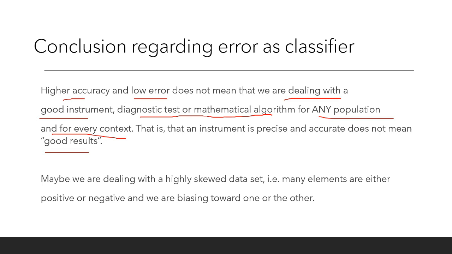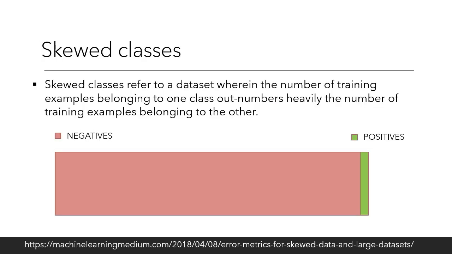Maybe we are dealing with a highly skewed data set, and I will speak now very briefly about this. Many elements are either positive or negative, and we are biasing toward one or the other. So then we have skewed classes, and that's actually the problem, and that's a very well-known problem.